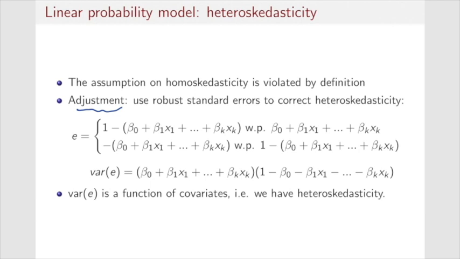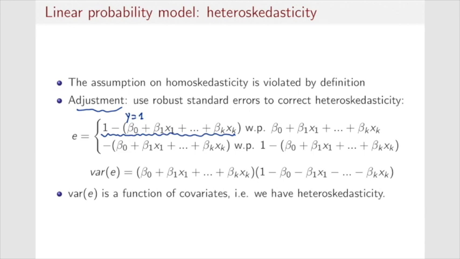For the case of binary dependent variable, let's first check where the heteroscedasticity comes from. According to the population model, the error terms take two values. If the dependent variable y equals 1, then the error term is 1 minus this linear combination term.